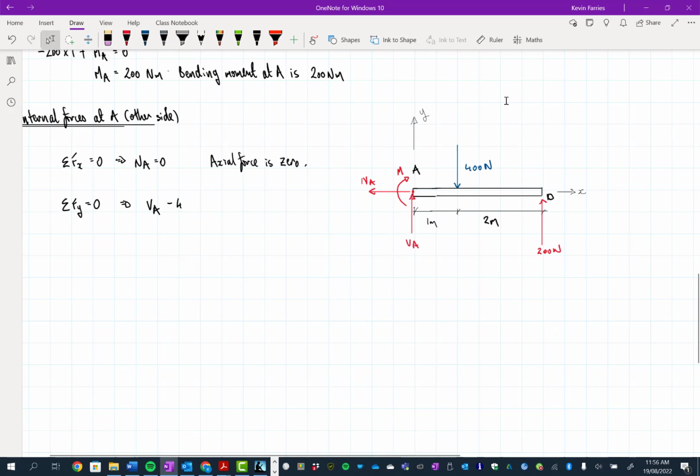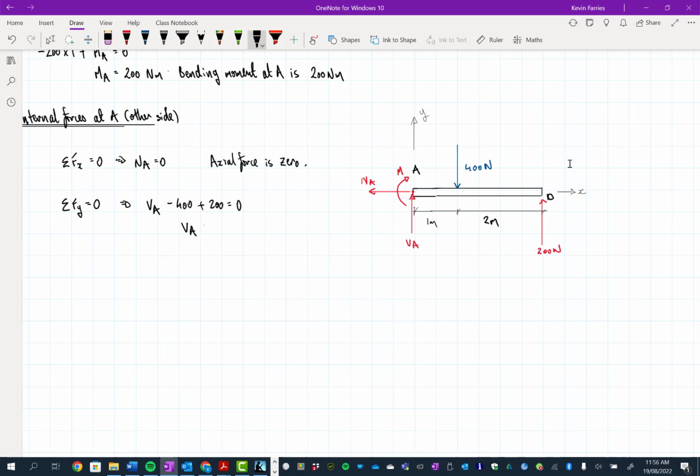So minus 400 plus, this is going up the way, 200 is equal to 0, because the y components must add up to 0. Therefore, VA is equal to, so minus 400 plus 200 is minus 200. Better be careful with this because the signs are awful important.